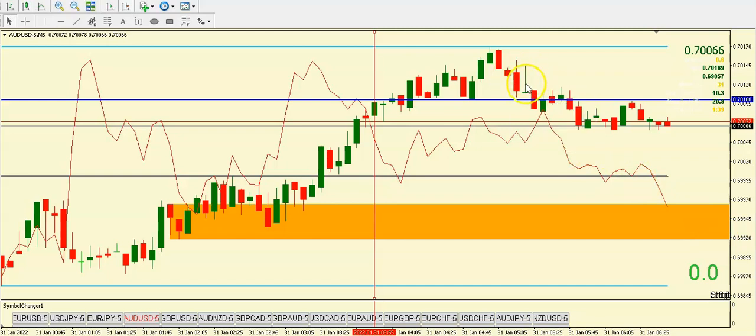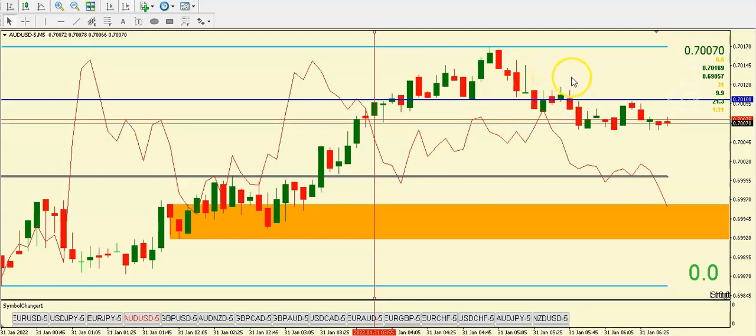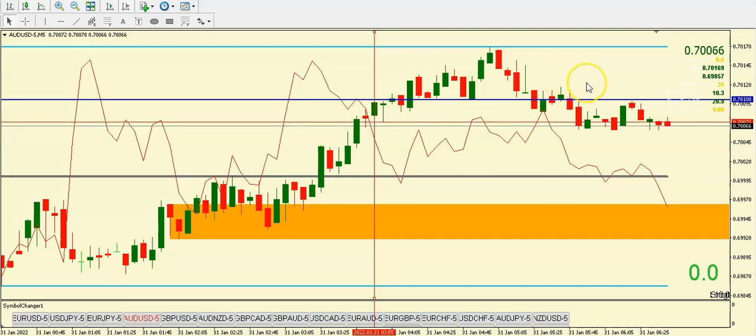So ignoring this here, it's this low and this high, and it peaked up just a little bit above it and dropped. So my entry for the sell did not get tripped because I had it a little bit below the middle, so my order did not get tripped.